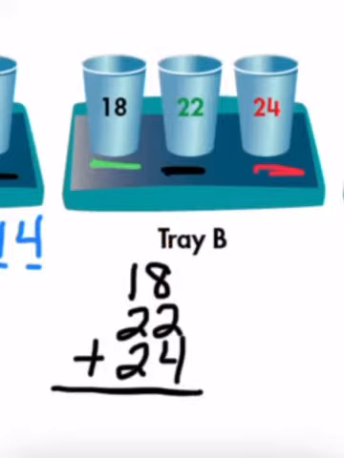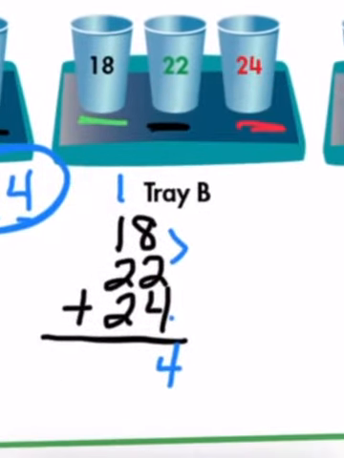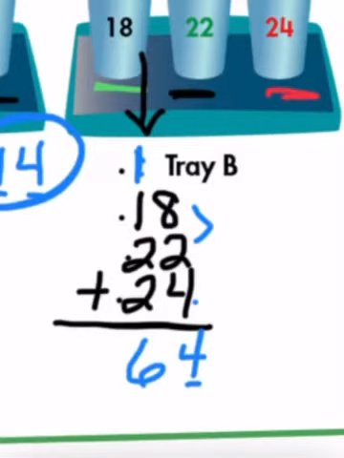And now I can add up the ones column. Again, I have a group of 10. 8 plus 2 is 10, plus the 4 is 14, just like we had over here. Okay, so 14, the 10 goes on top, and the 4 ones go on the bottom. Now I can add my tens column, which is right here. And again, 2 plus 2 is 4, plus 1 more is 5, and 1 more is 6 for 64.